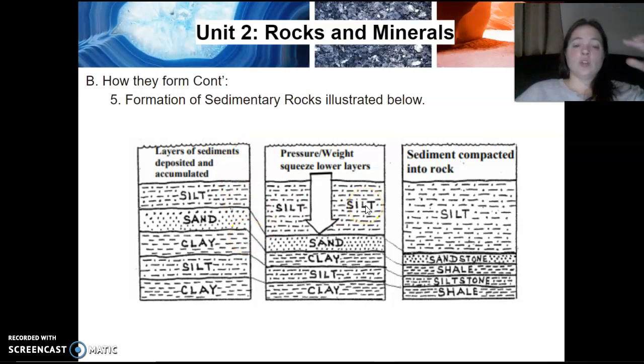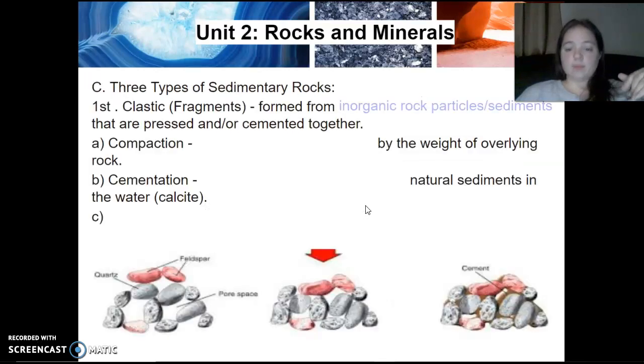And then you start getting all this pressure because more and more gets laid on top. So it's pushing and pushing and smushing and smushing. And because it's typically in water or uses water, it compacts and cements.